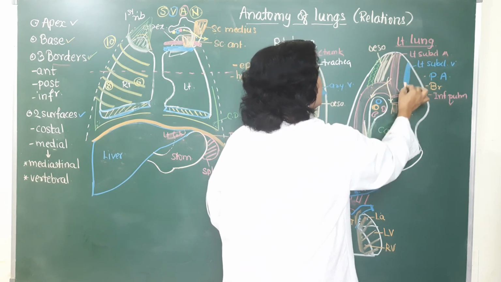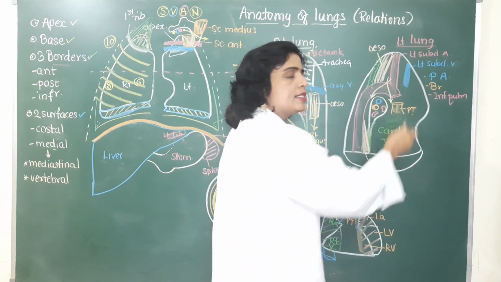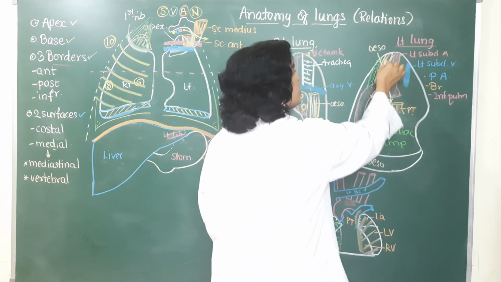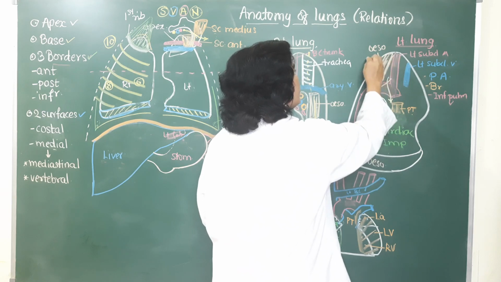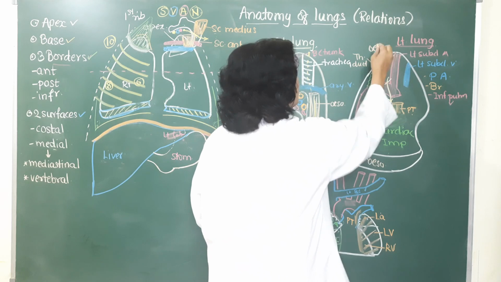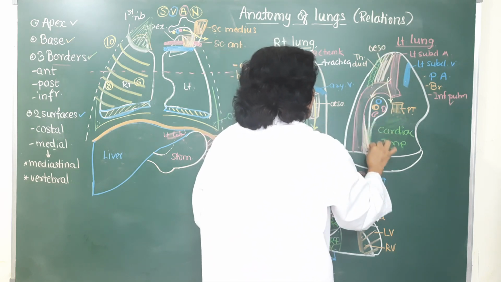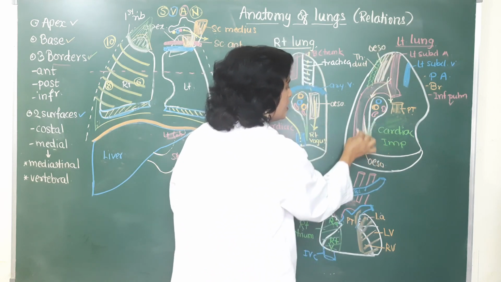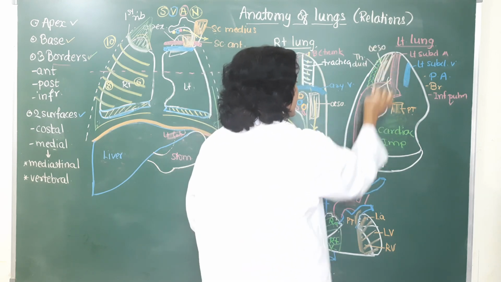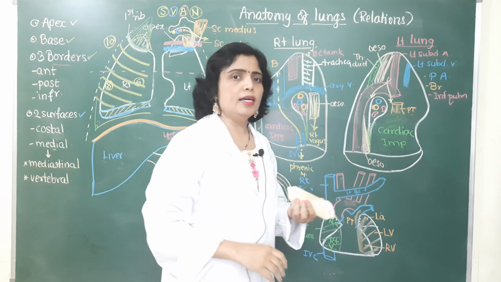In front of that you get one more vertical groove which lodges the left subclavian vein, and behind the groove for the left subclavian artery you get one vertical groove which lodges the esophagus plus the thoracic duct. So this is the thoracic duct. The esophagus is again related to this left lung in the area between the groove for the descending thoracic aorta and the pulmonary ligament, as the esophagus deviates twice to the left side.